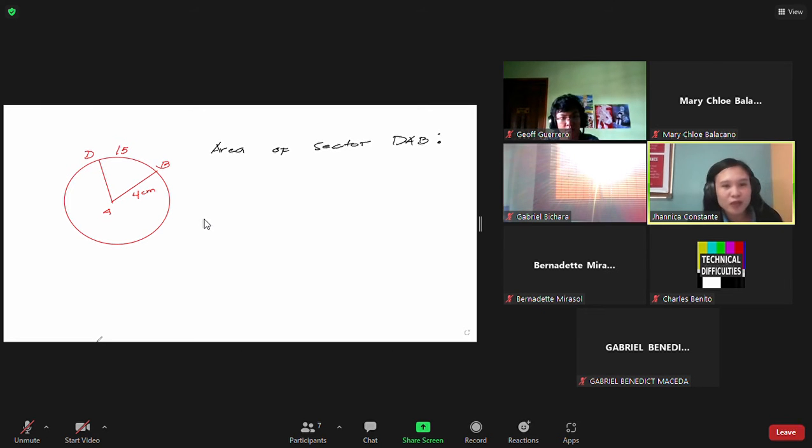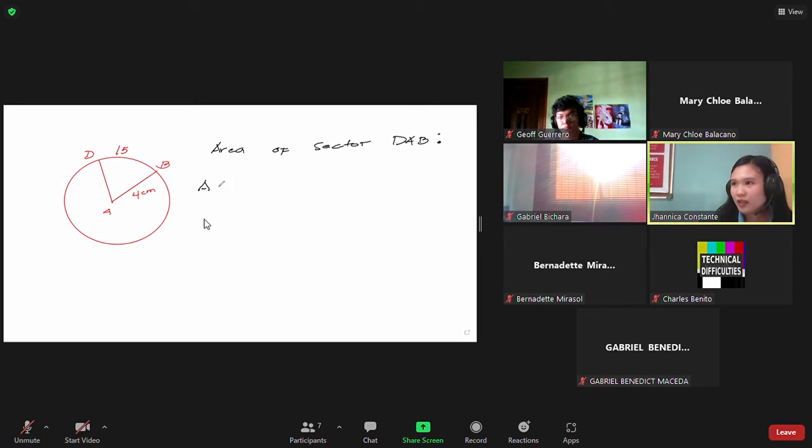And done solving for the area of the sector of our circle. It has a radius of 4 centimeters and an arc which is 15. Let's solve for the area of our sector.